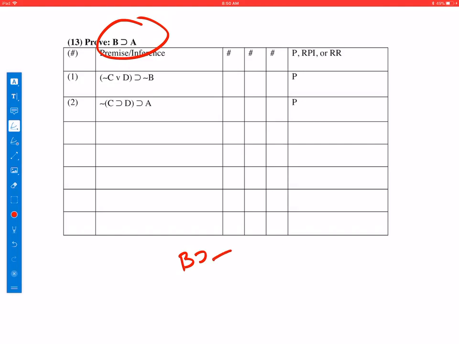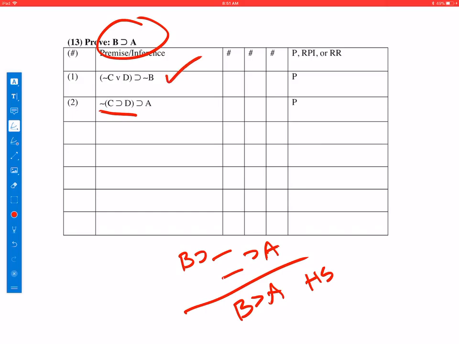So my standard trick for getting a conditional that I need is to find B then something and then something then A, and then put them together by hypothetical syllogism, B then A. Okay, I have a blah then A right here on line 2, but I don't have a B then something to try to put it together with.